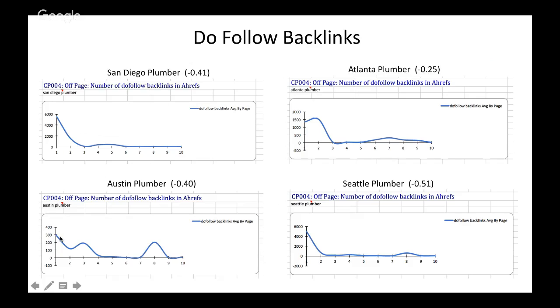You need almost 300 for Austin. So the difference between 300 backlinks and 6,000 backlinks is a phenomenal amount of work. So if you're not measuring your competitors in your niche, then you have no idea how much link building you need to do.